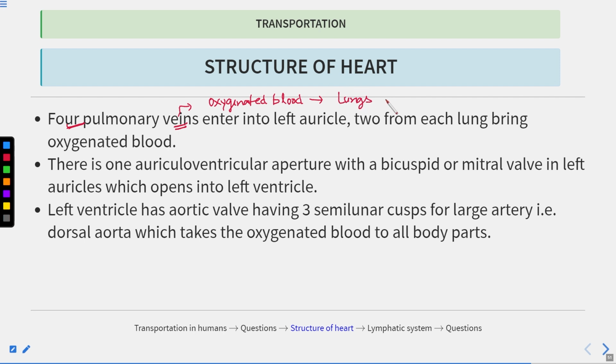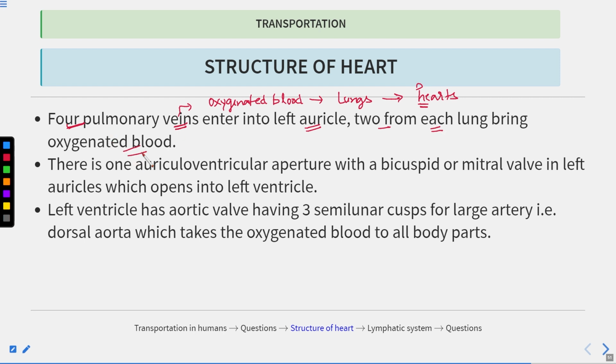It originates from the lungs and transports oxygenated blood to the heart muscle cells or the muscle tissues. Now, the four pulmonary veins enter into the left auricle first, two from each lung, bringing the oxygenated blood.